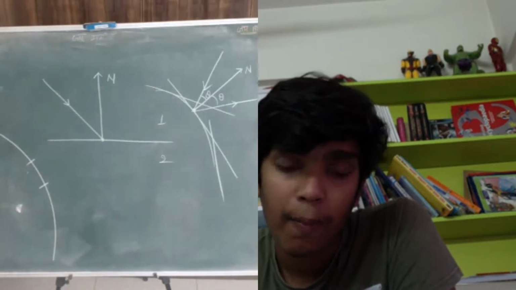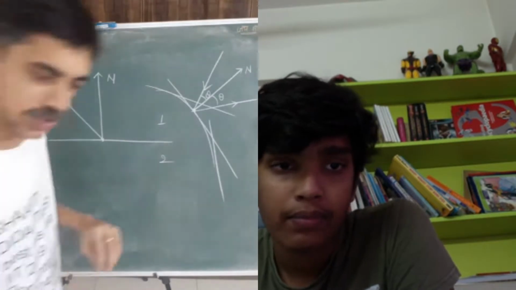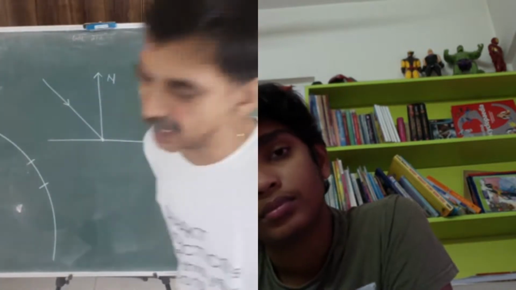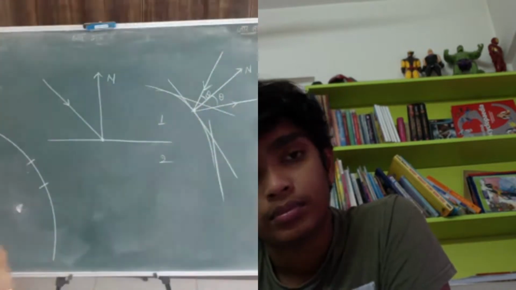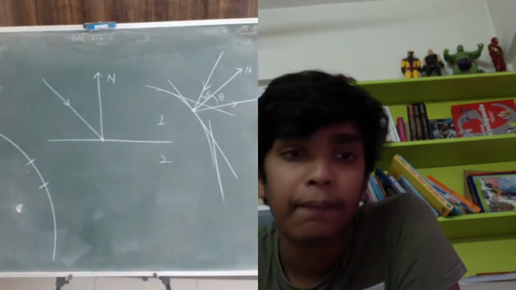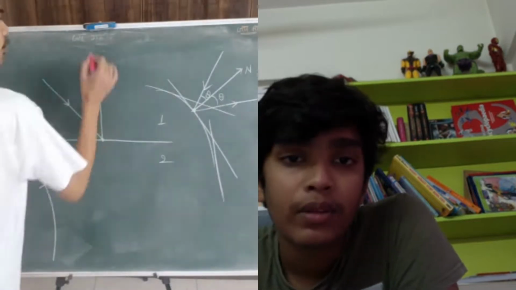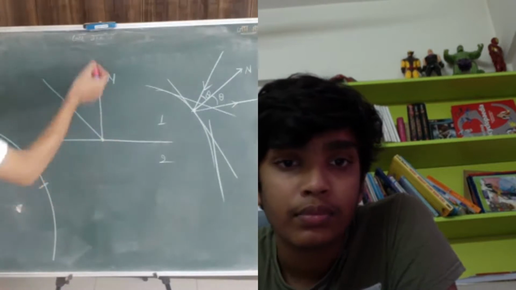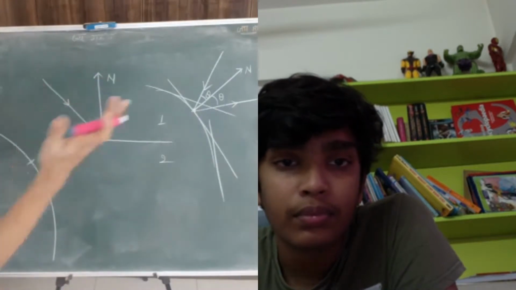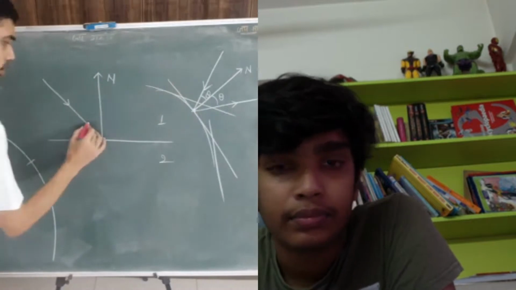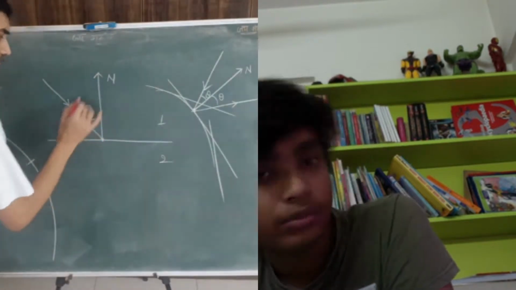And what we seek is the angle of incidence. Of course, I'll have to take a reference. What is the reference over here? Normal. So this is the angle of incidence.